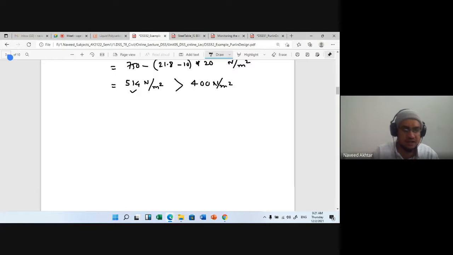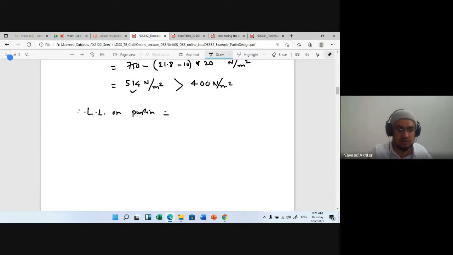Because it is on plan, we have to convert it onto the roof slope. So the live load on purlin is 514 into 1.35 into cos of theta, 0.928.